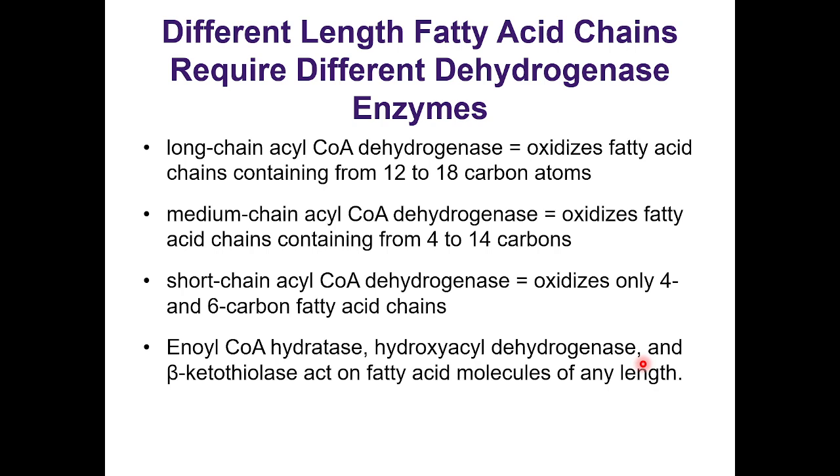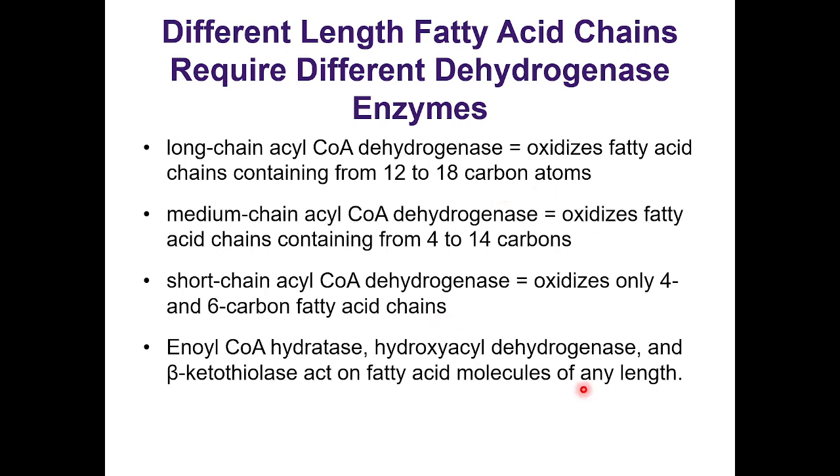The short-chain acyl-CoA dehydrogenase oxidizes only 4 and 6 carbon fatty acid chains. And so these are the definitions. If you see long chain, medium chain, short chain, these carry over the rest of the way.